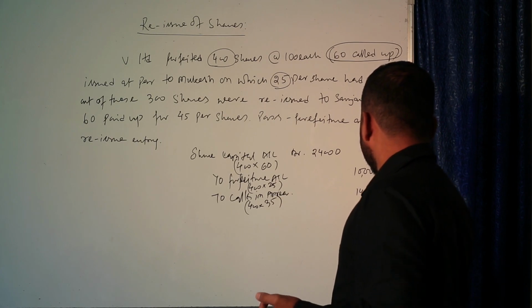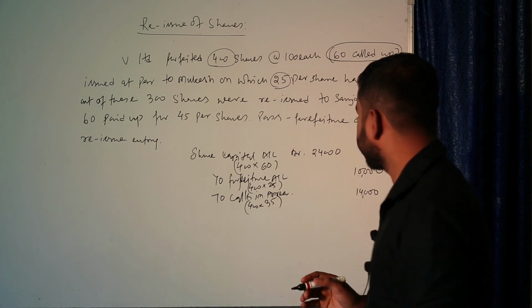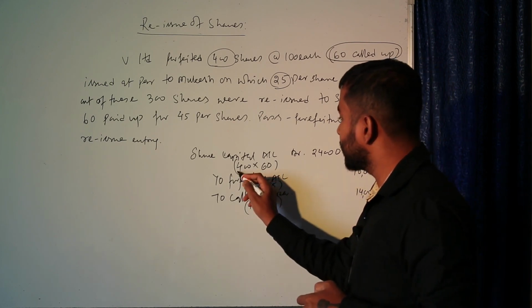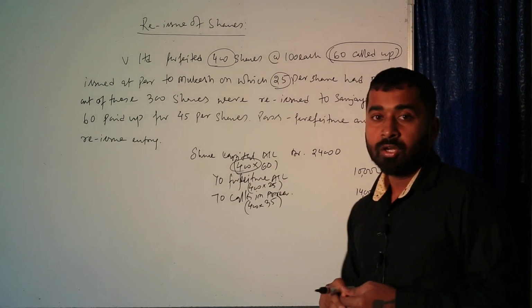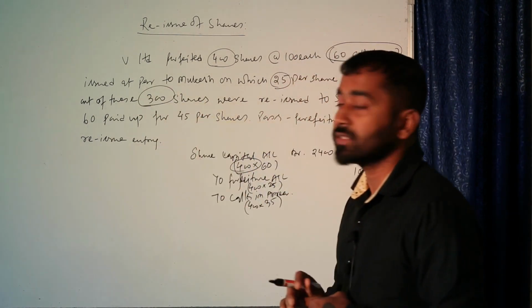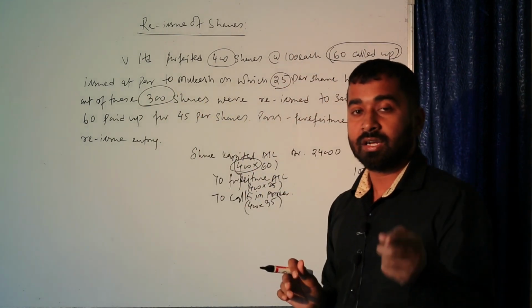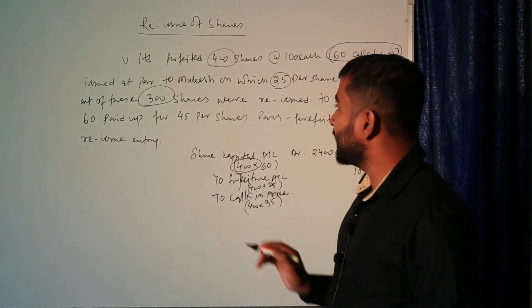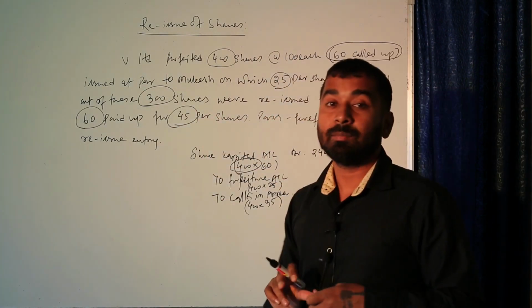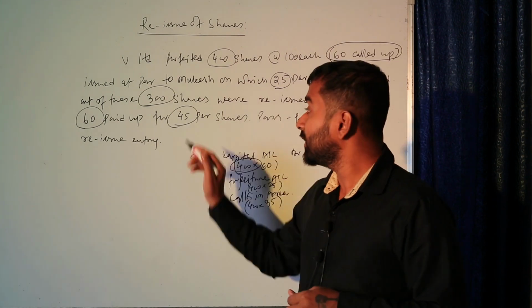Now how many shares were actually forfeited here? 400 shares forfeited. Out of that, the company is issuing 300 shares, that is reissue of 300 shares. So 100 shares the company still has, which it can reissue later when it thinks fit. But the issue is at what amount. Check once, 45 rupees. They say 60 rupees paid up, but they pay only 45 rupees. So 15 rupees discount indirectly.